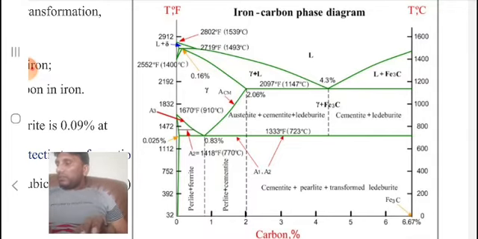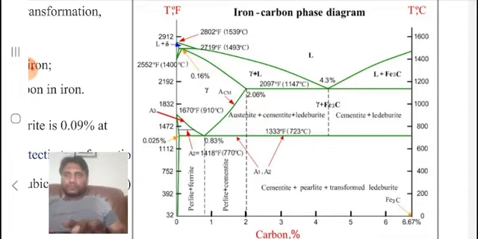In the iron carbon equilibrium diagram, the alloy begins to solidify when it reaches a temperature corresponding to the liquidus line, that is the top line.